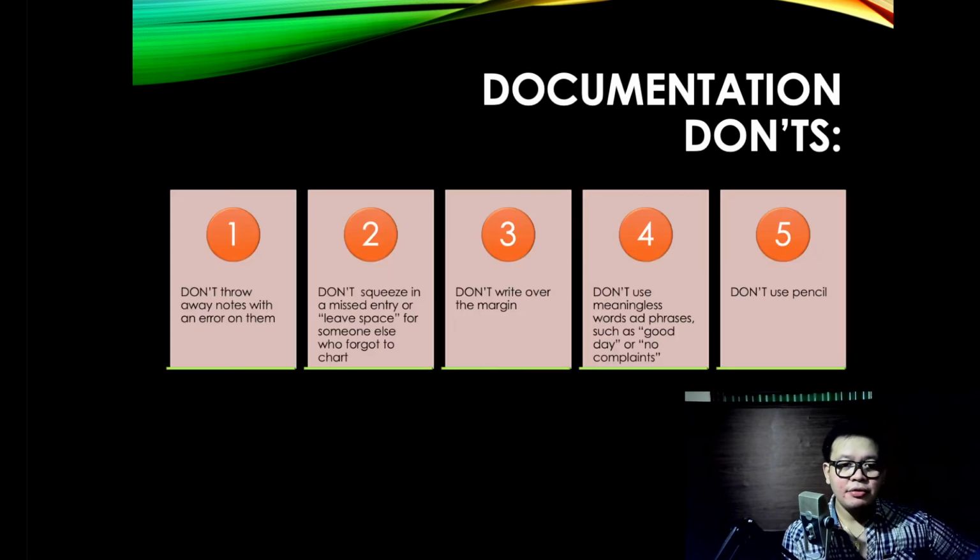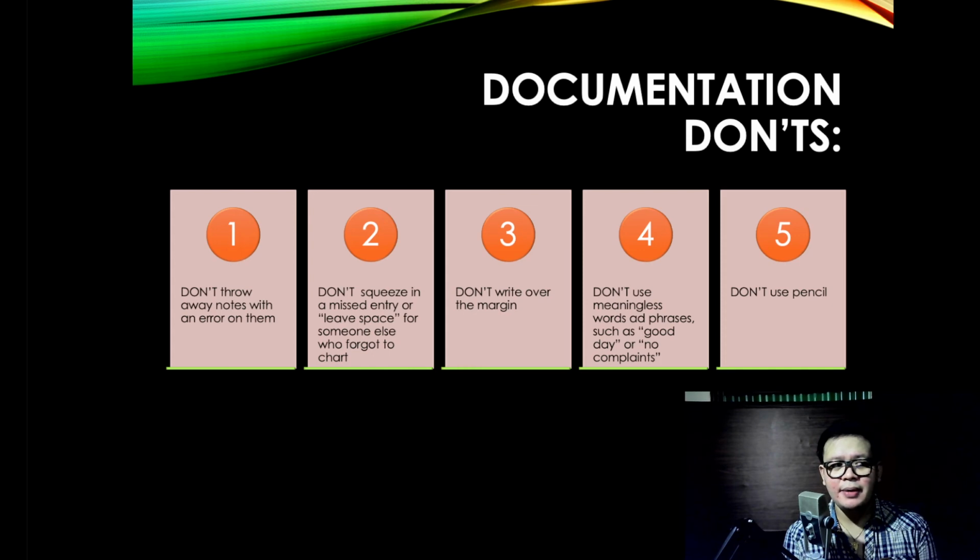Next, don't throw away notes with an error on them, because sometimes that particular paper already has nurse's notes from the previous shift. If you throw that away, it means the previous shift also didn't make the FDAR because you've already thrown it away. If there is an enormous error that you encounter, make sure to coordinate with your clinical instructor or your head nurse as to how to handle it.